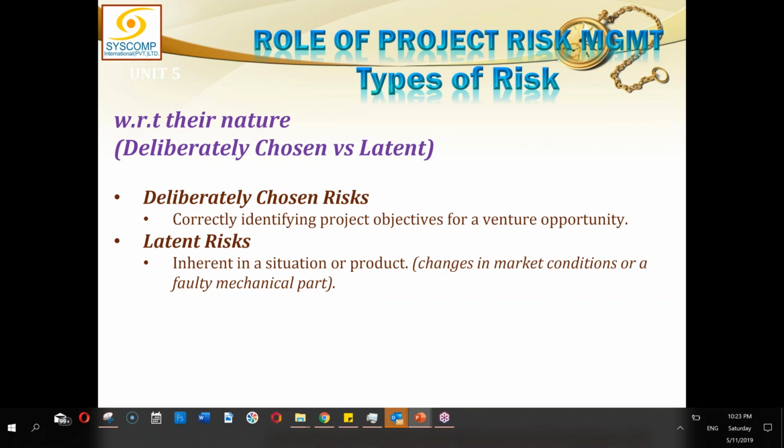And latent risk is inherent in a situation or product, like changes in market conditions or a faulty mechanical part. So latent risk is not in your control and deliberately chosen risk is in your control. You can focus your energy on identifying the deliberately chosen risks in a specific area, but there might be some latency in some of the risks which is not dictated by your choice.